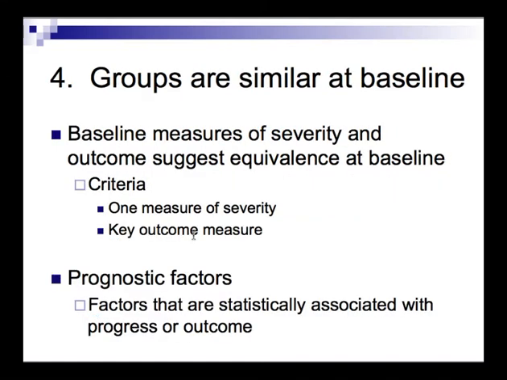So the fourth item is groups are similar at baseline. Essentially, a randomized controlled trial is very similar to a race. You have two groups of people that have the same problem. And the idea is that in terms of severity, pain, functional loss, other prognostic factors and unknown factors, they're fairly equivalent before either treatment gets assigned to them or started on them.